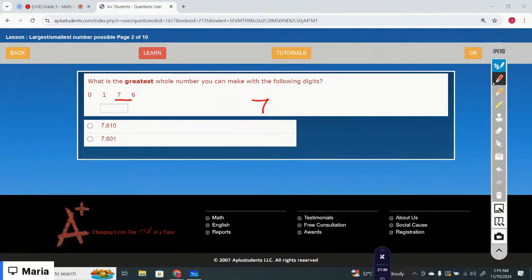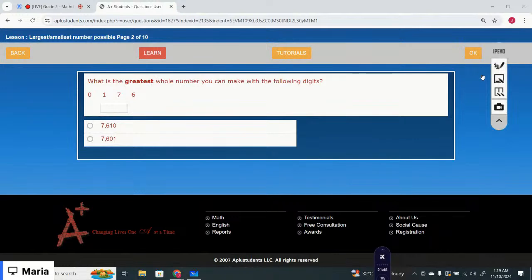That is 7, 6, 1, and 0. Very good. Option number 1 is the correct option.